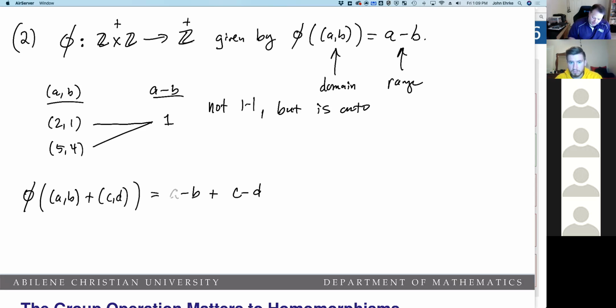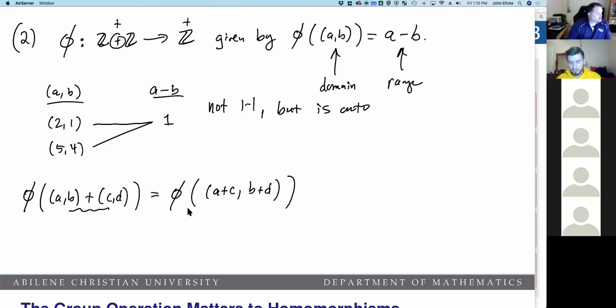Actually, it's better to explain it this way. The operation here we know is done component wise. So this would be phi of (A plus C, B plus D), because Z cross Z is the direct product. So the operation on that external direct product is addition component wise.